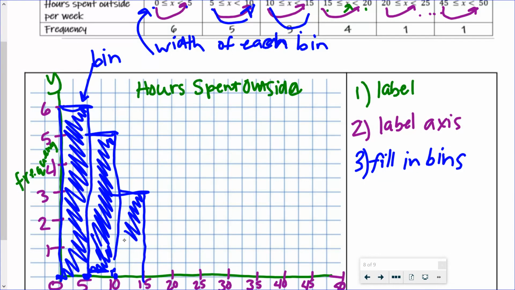Our x value is telling us the width. The y, or our frequency, is telling us how high up on the graph we're going to go. From 15 to 20, there were 4 pieces of data, or 4 people that were outside from 15 to 20 hours per week.